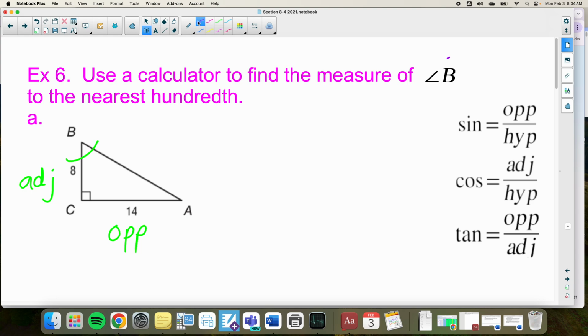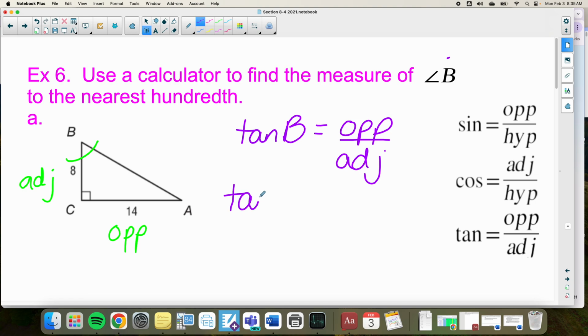So what I'm gonna do is I'm gonna go tangent, and in these, we don't know the angle, so we're gonna go tangent of B equals, and it's opposite over adjacent. So then it would be tangent of B equals opposite is 14, adjacent is 8, okay?